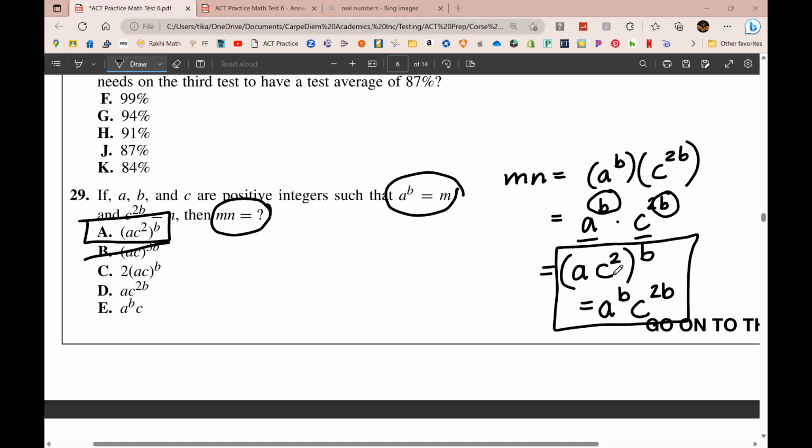Number one, notice that they say m times n equals, and didn't they give you m? So I don't care what m is. It could be a to the b power, or it could be an apple. And n here, sorry, this is covering it, says it's c to the 2b, but that could be an orange. So do you agree that m times n is apple times orange? So just remember, you guys, in math, when you don't understand something, these are all symbols. You can also replace the symbols by something that you do recognize.